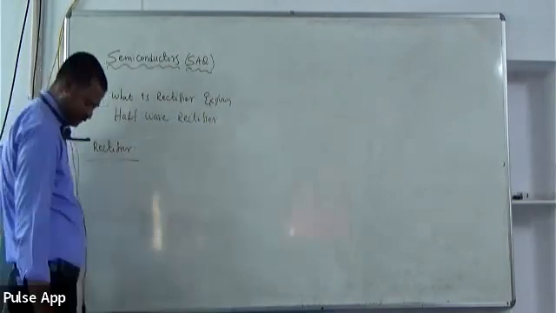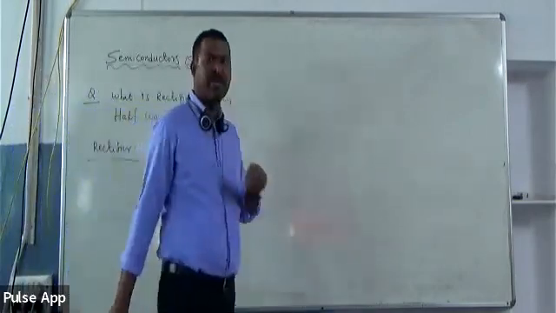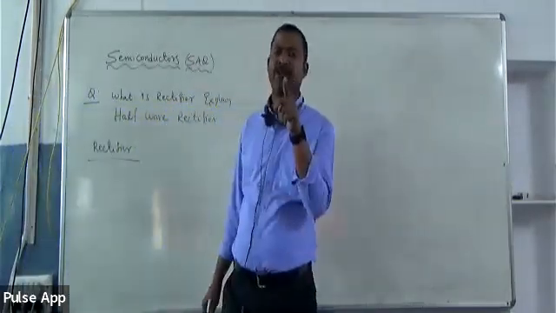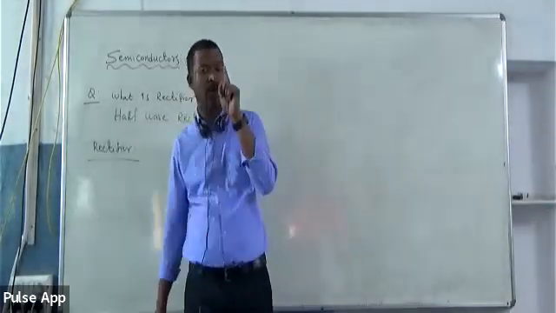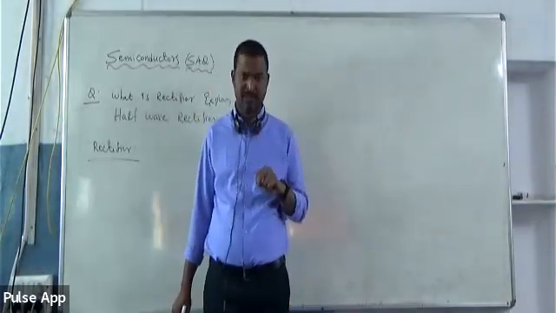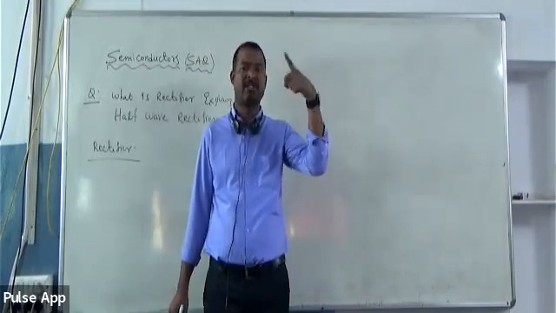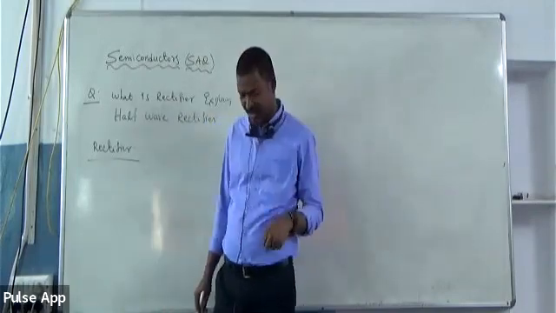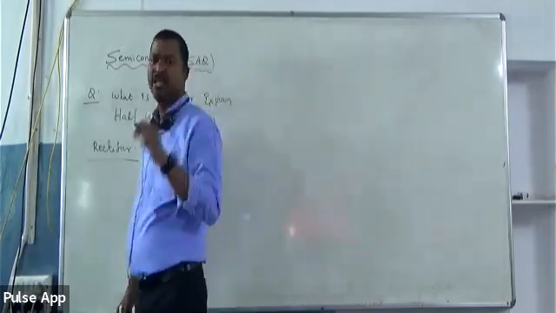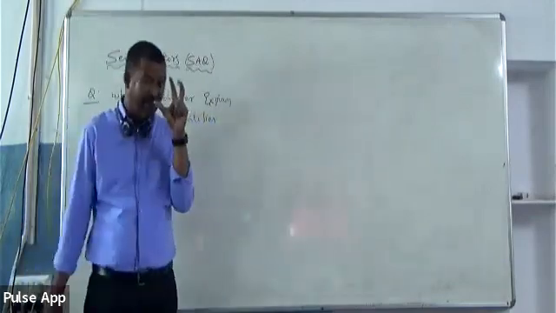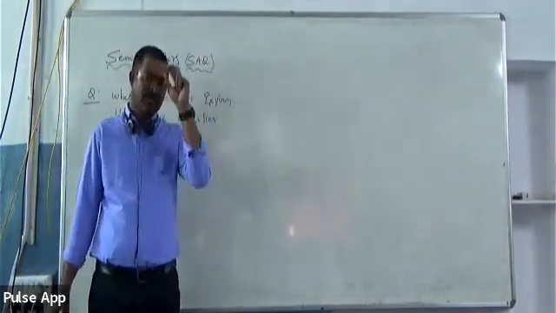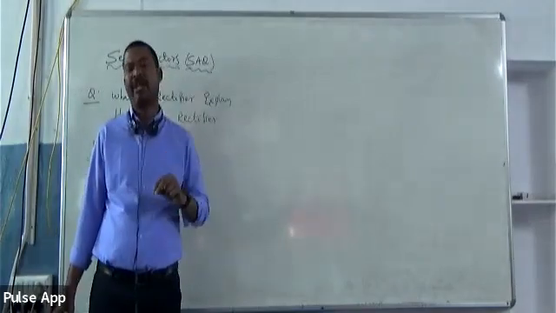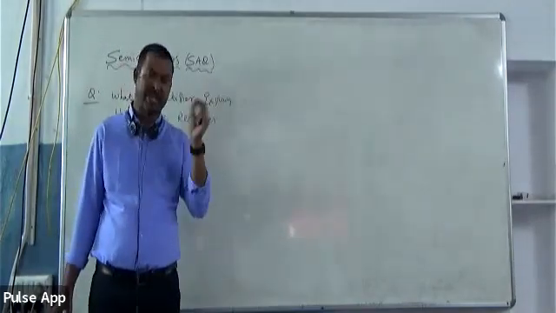Basically, we have two types of currents. One is alternating current, where after every fixed interval of time the direction of current or voltage is interchanged.